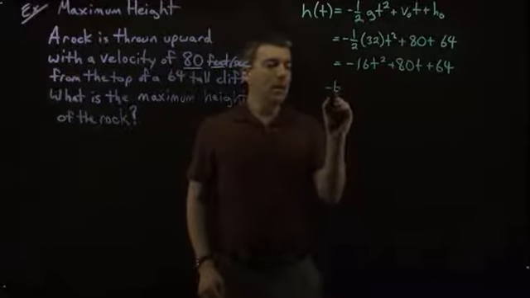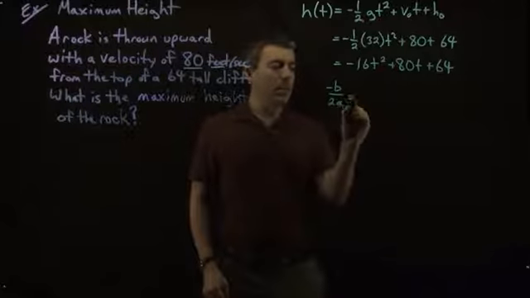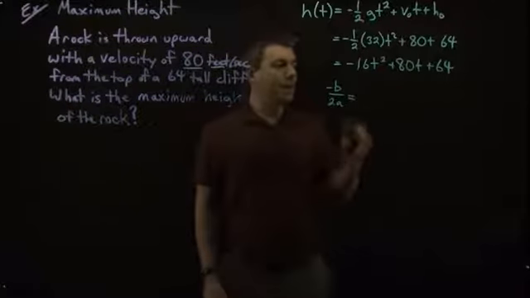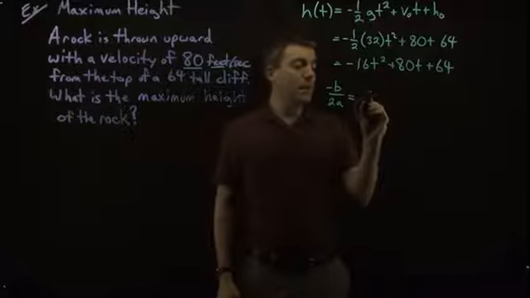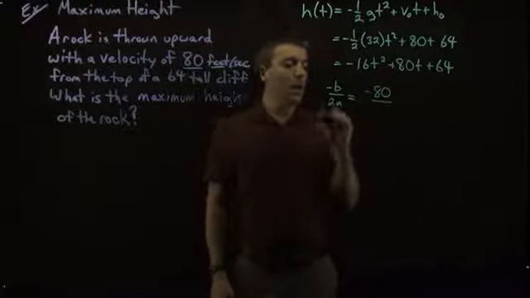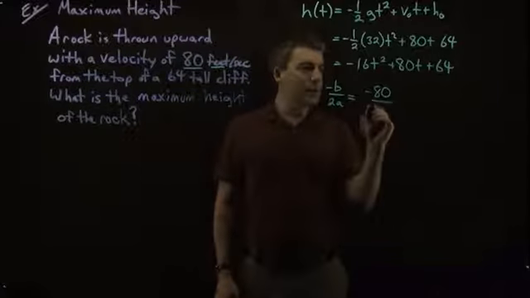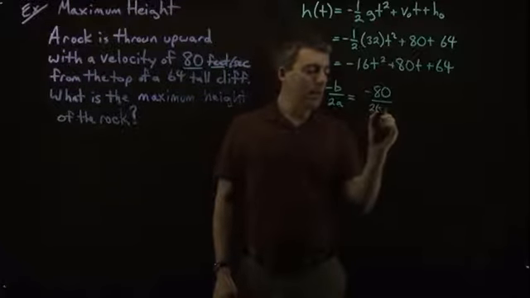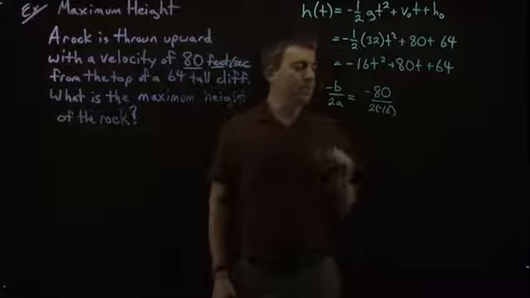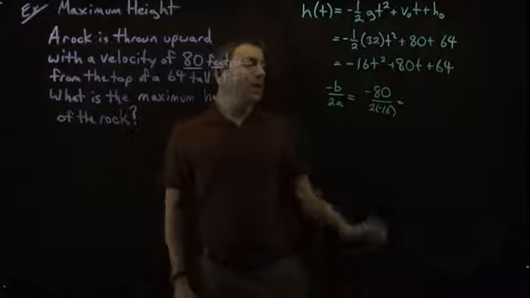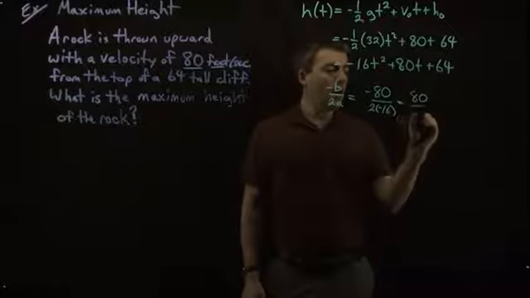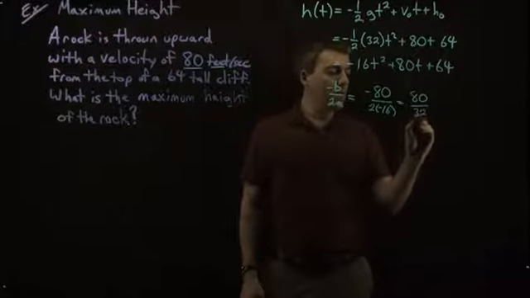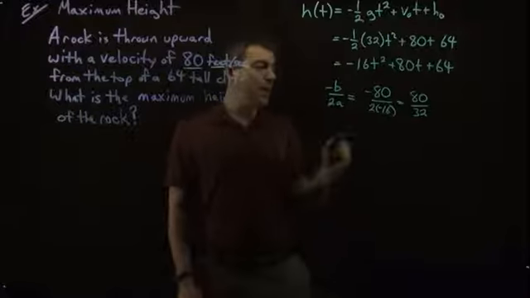Negative b over 2a. Here we have negative b, where b is the coefficient of the linear term. So negative 80 over 2 times negative 16. We have a negative over a negative, 80 over 32, and we can simplify that.